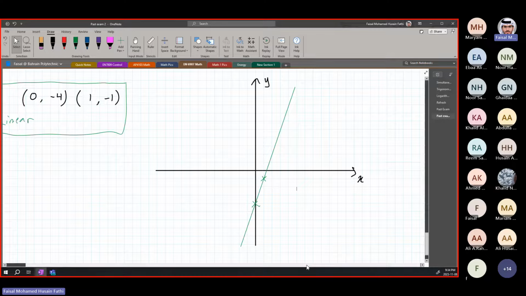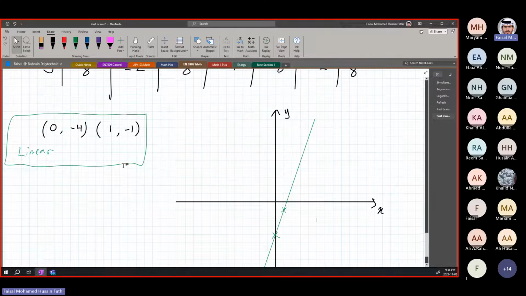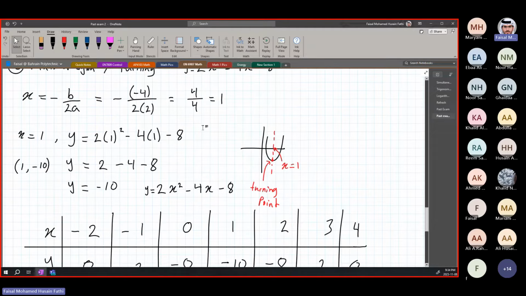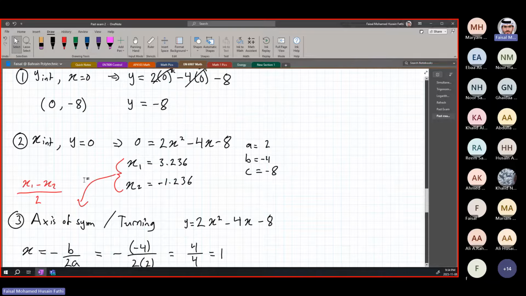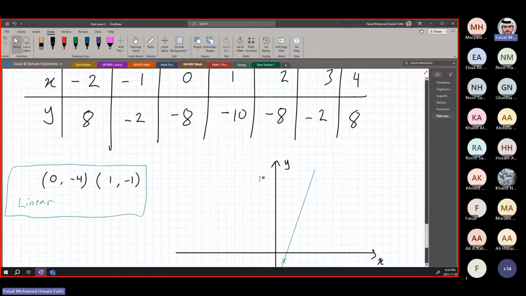So we found our linear line in green. Now we will plot our, what do you call it, our quadratic equation. First thing we look at is the turning point, because the turning point will give us a very good idea. It is 1, minus 10.